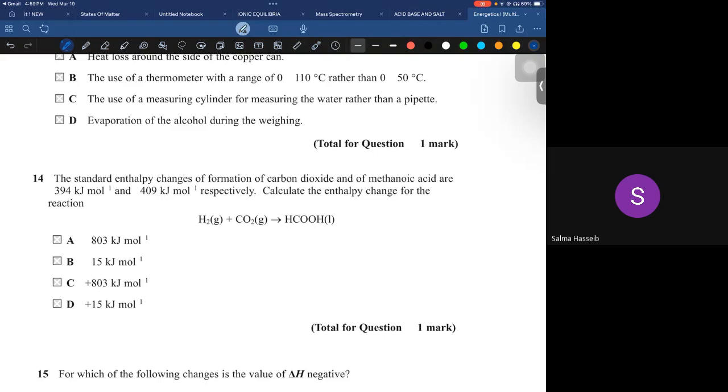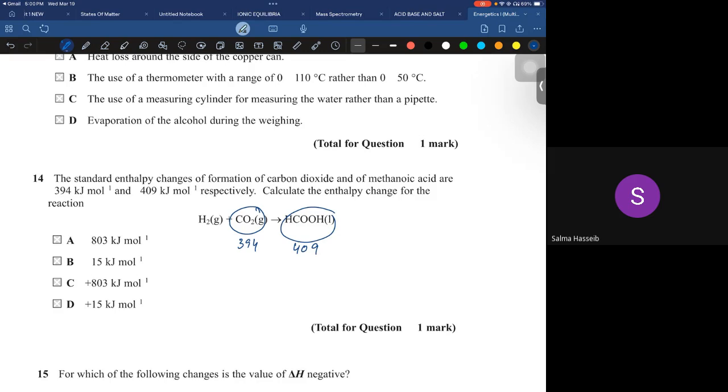The standard enthalpy changes for the formation of carbon dioxide and methanoic acid are 394 and 409. Since the coefficients are 1 and 1, they are asking the formation.